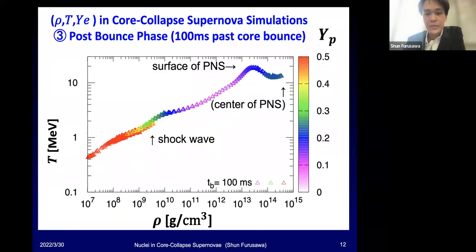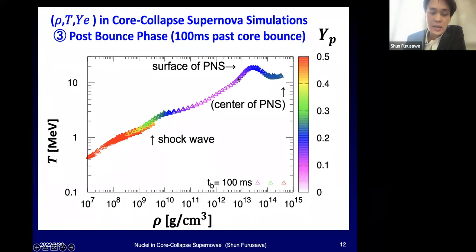After shockwave formation, shocked matter becomes hot and the temperature increases. Here is the shockwave, and at the surface of the protoneutron star, accretion matter is compressed and the temperature becomes high.